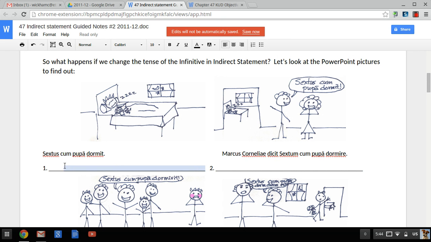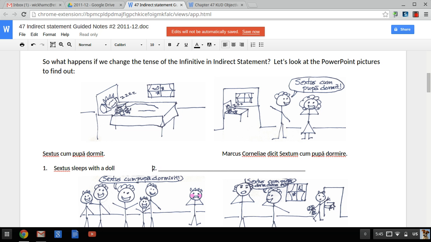All right, so we have Sextus cum pupa dormit, which is just a direct statement, right? We can tell that because there's no verb of the head, there's no infinitive. So we're just seeing the direct statement about Sextus, and hopefully, maybe you can figure this out on your own or in your group, but it should say Sextus sleeps with a doll.